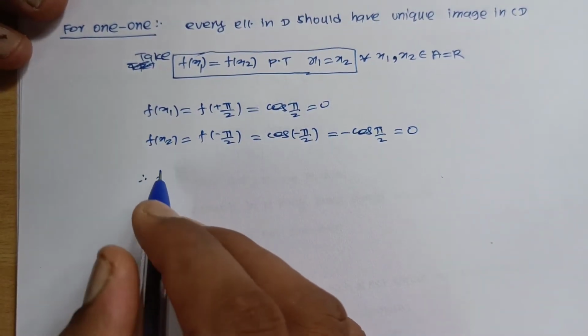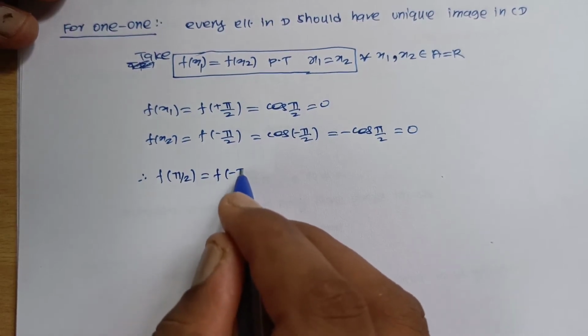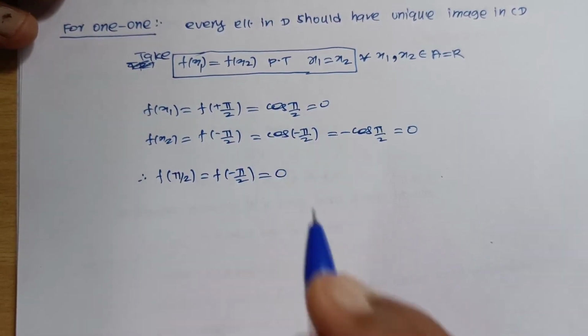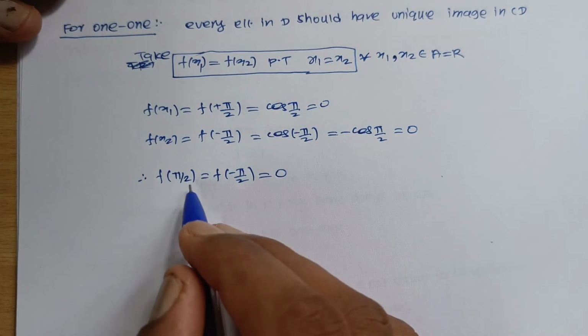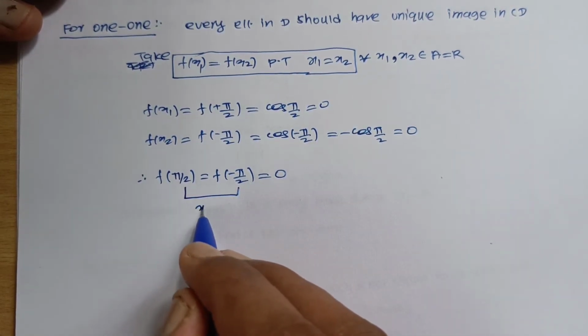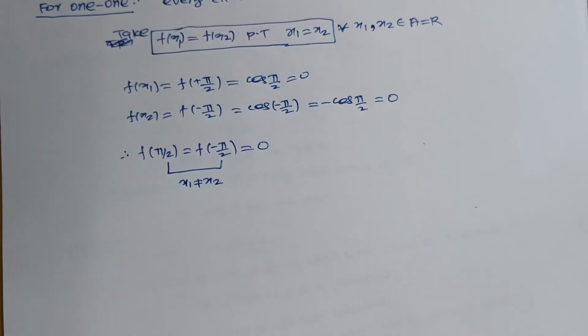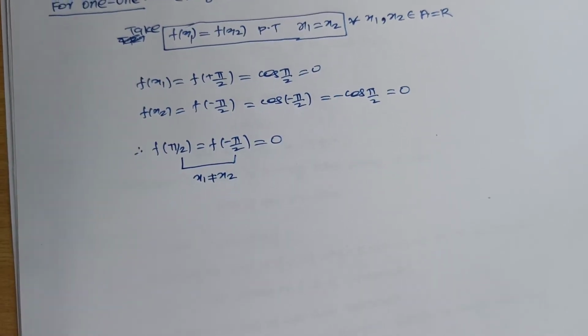Therefore f of pi by 2 and f of minus pi by 2 give the same value. Functions are equal but variables are not equal. It is a function but not a one-to-one function.